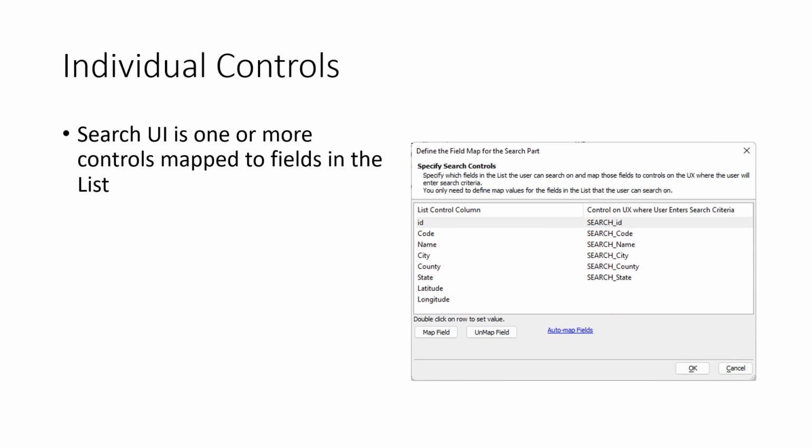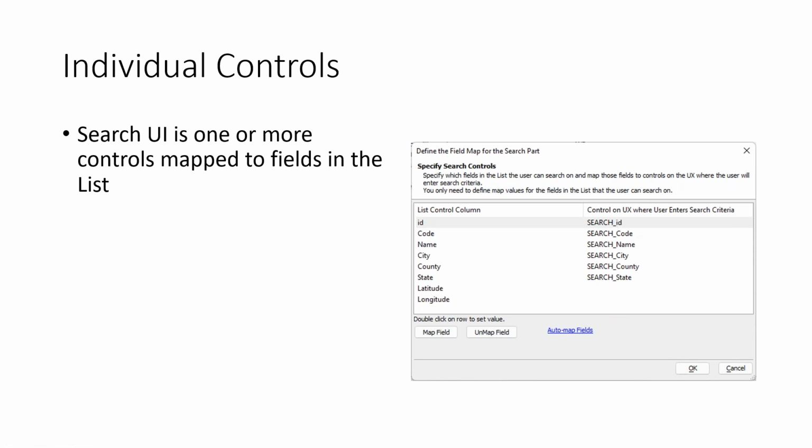If those controls don't exist, the search part genie will generate them for you. Basically, the user interface is one or more controls mapped to one field in the list, and the mapping is generally one-to-one.